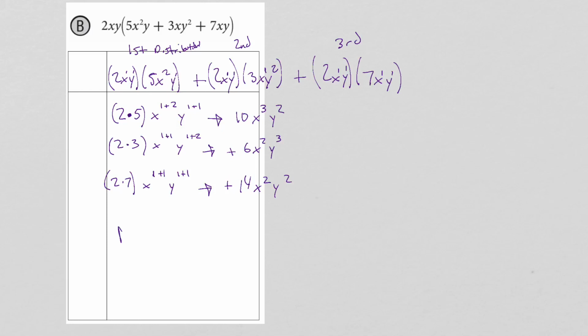So the final answer is you're going to combine all 3 terms. So here's the answer: 10x to the third y squared plus 6x squared y to the third plus 14x squared y squared. We'll have lots more examples, but here's another strategy for multiplying polynomials by a binomial.